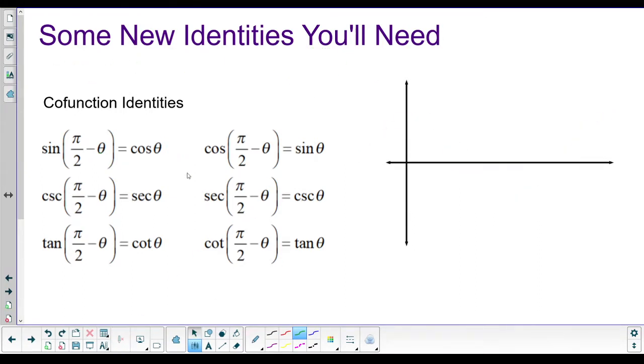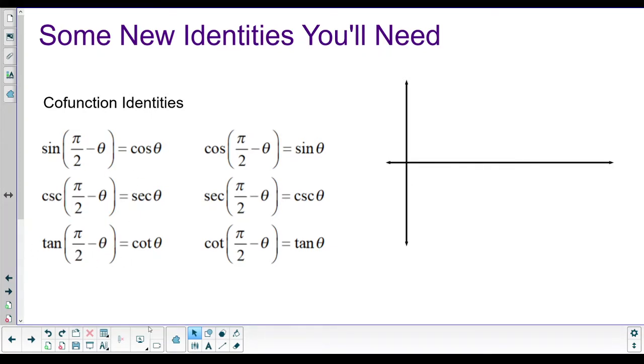So all of these say that if we take this trig function, scoot it, it turns into this one. If we take this one, scoot it, it turns into this one. Because you can do that with sine and cosine, it shouldn't be a surprise we can do it with secant and cosecant. And then tangent works even better.